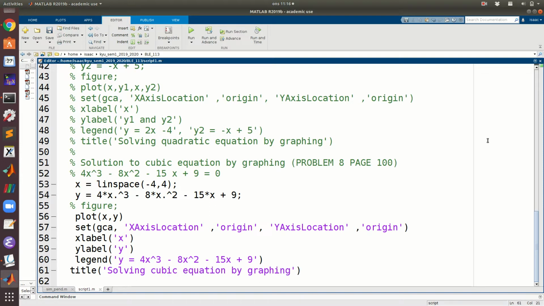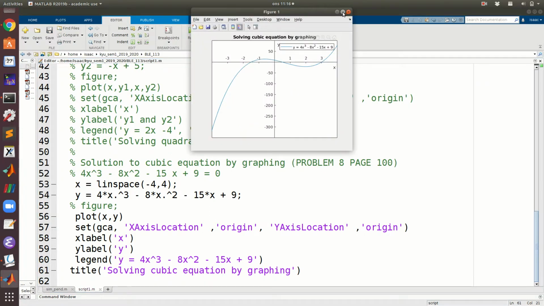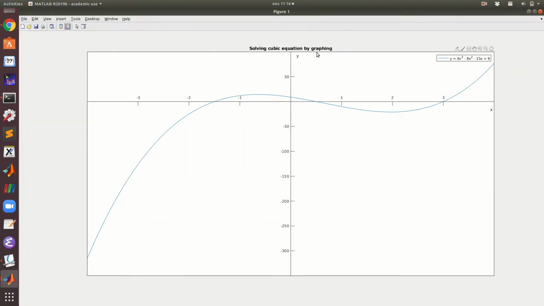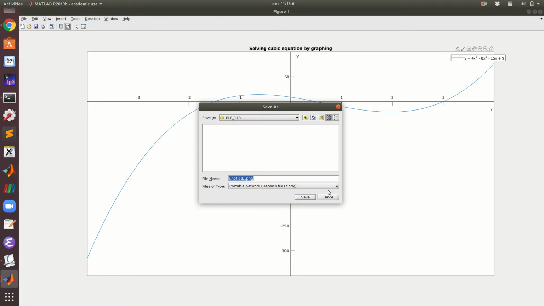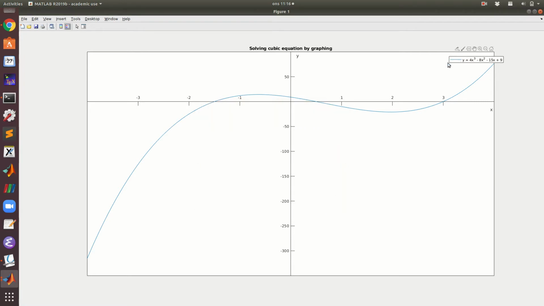So we save and we run, and yes, so we have solving the cubic equation by graphing, and this is the legend. I'll move it anywhere, and then yes, we can see this is our cubic equation here. So these are going to be the solutions, the x values.